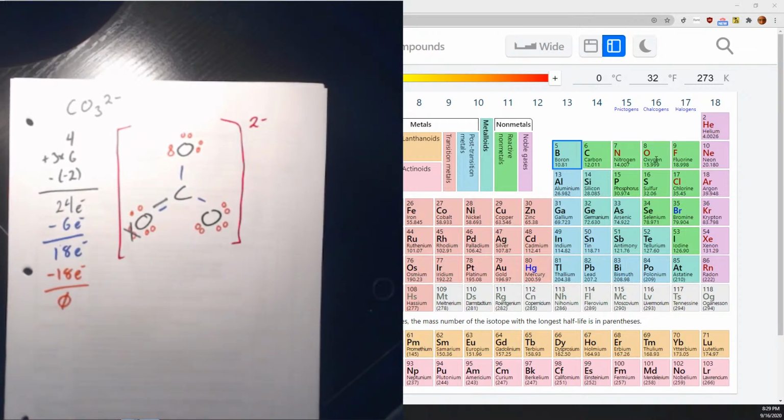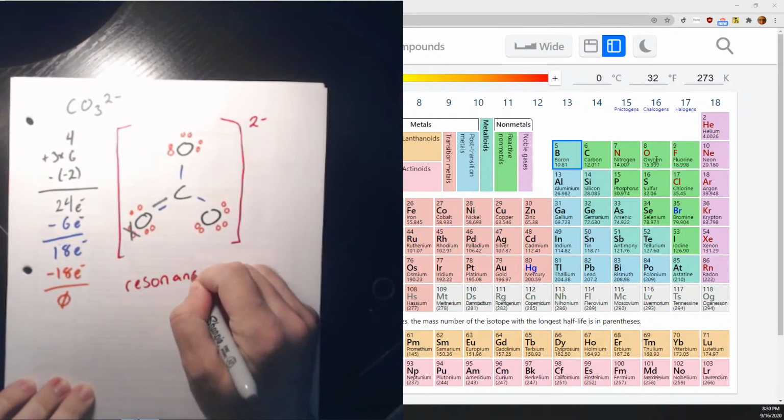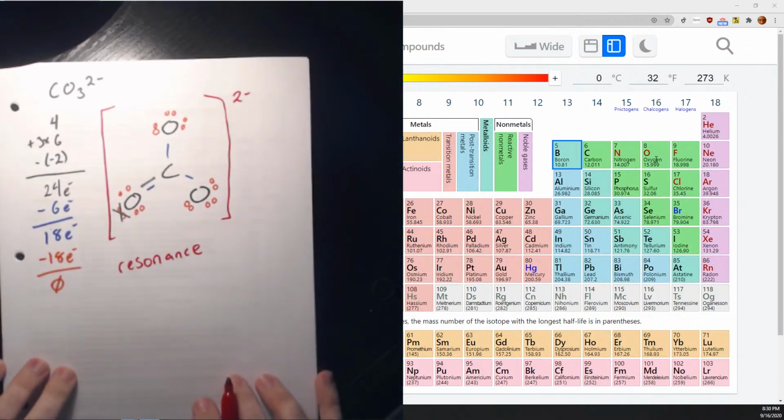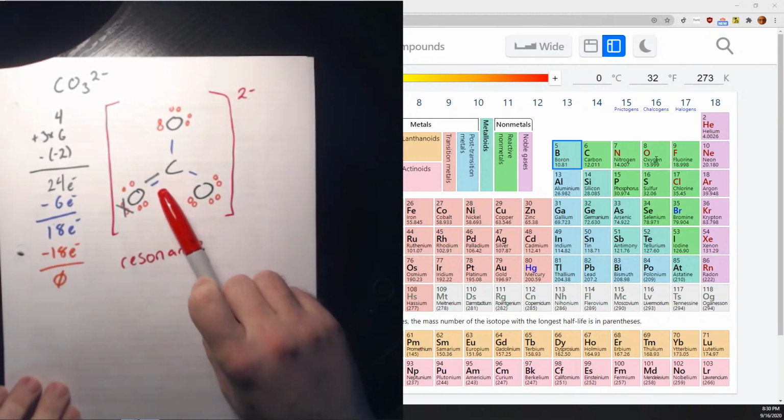Now, another reason that I chose this guy is because he is instructive of another really important thing, namely resonance. You might have already heard this term when I talked about degeneracy. I may have brought it up, I can't recall. But in this case, it has to do with the location of the double bond.